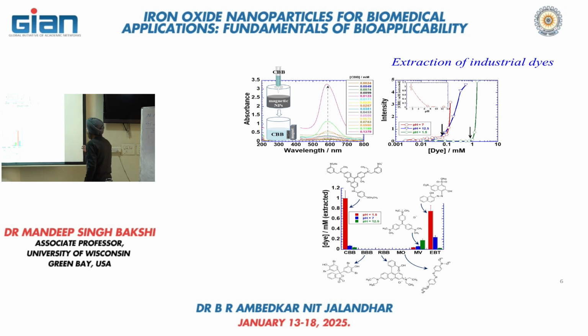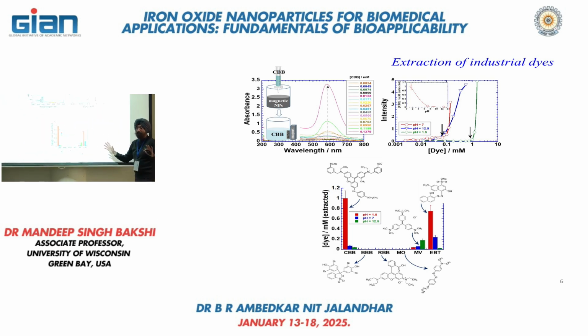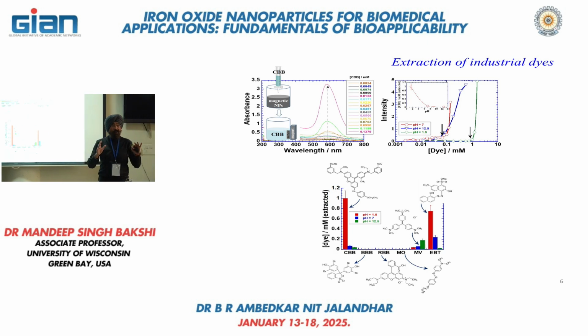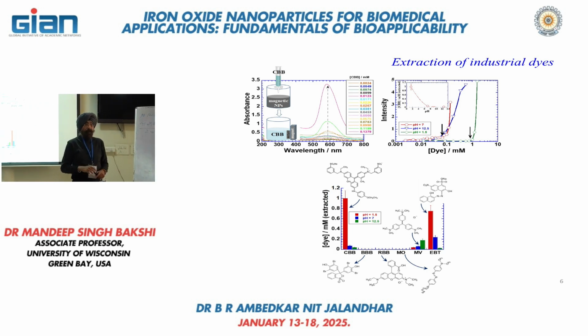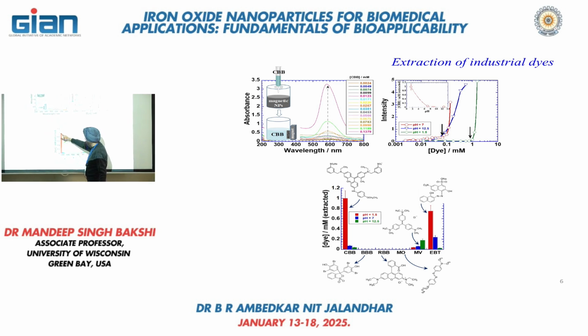And so we took 6 dyes, 1, 2, 3, 4, 5, 6, and we performed the titrations just to find out which dye is giving the best results. So we found that the brilliant blue is giving the best results. The extraction is close to 1 millimolar for this one under acidic pH condition.